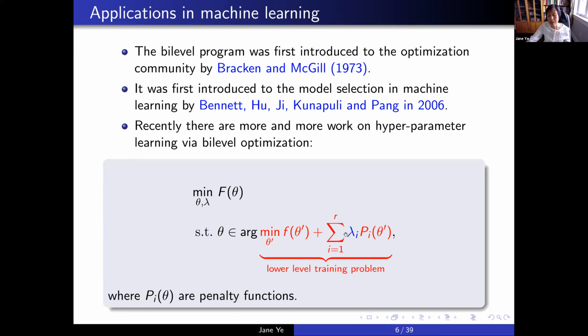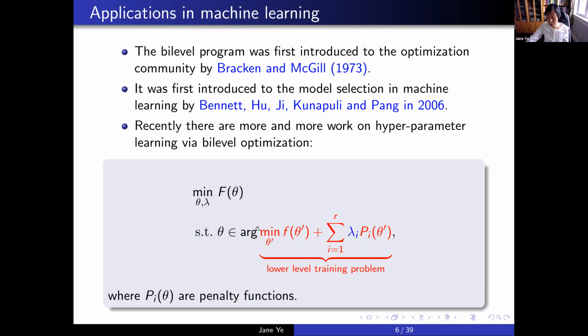This lambda is called a hyperparameter. So actually, you can find some objective function and then formulate the problem as a bilevel problem. Here, lambda, the hyperparameter, is the upper level variable, and theta is the lower level variable. So you can find both lambda and theta at once.